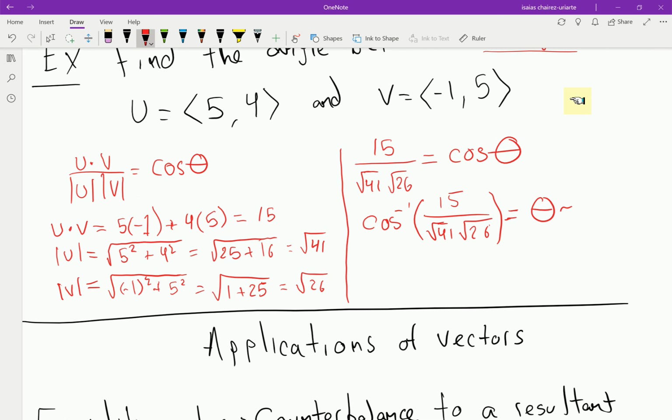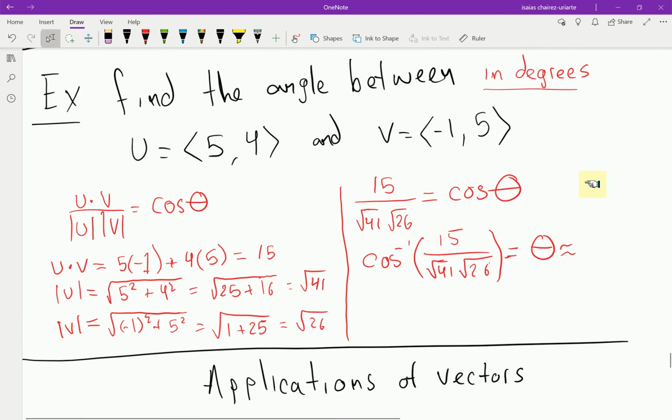We agreed to have our calculators in degree mode, and let's round to the nearest tenth. Let me punch this into my calculator. Cosine inverse of 15 divided by square root of 41 times 26.